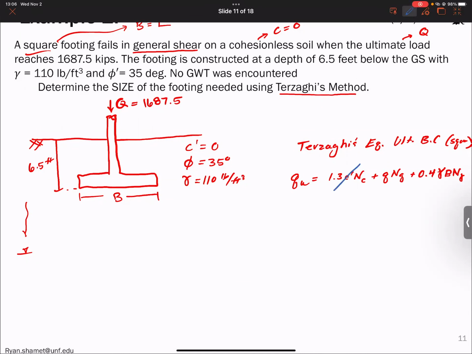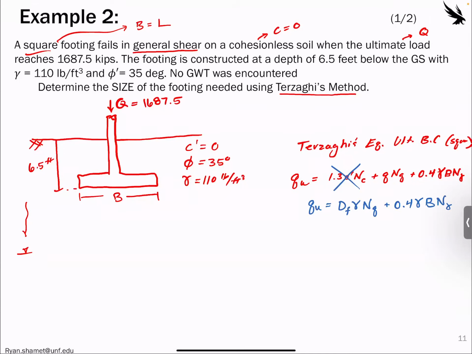Since c is equal to 0, this term goes away. So really, our qu is just equal to the depth of the footing times the unit weight times Nq, plus 0.4 times unit weight times the base times N gamma. So we simplify it that way.